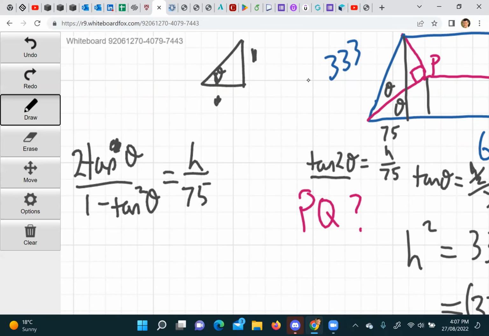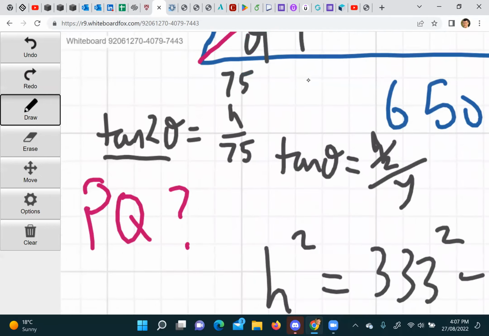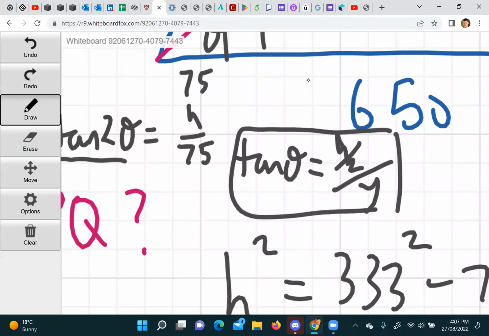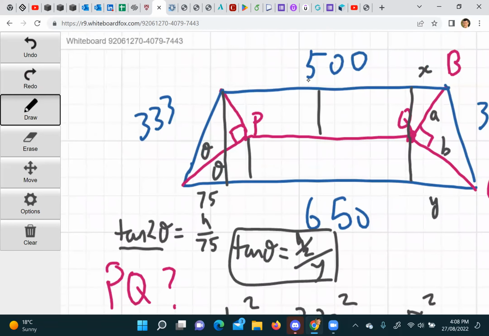So you get a quadratic in tan theta, yeah? So in principle, you can figure out what tan theta is, and if you can figure out what tan theta is, you can figure out what y is, and if you can figure out what y is, you can figure out PQ, yeah?